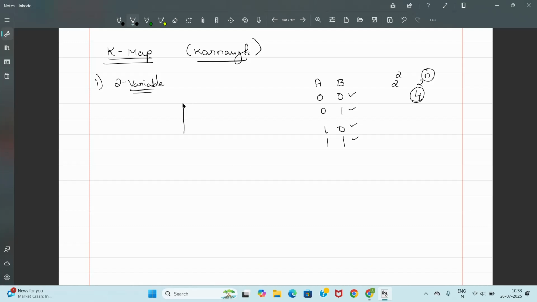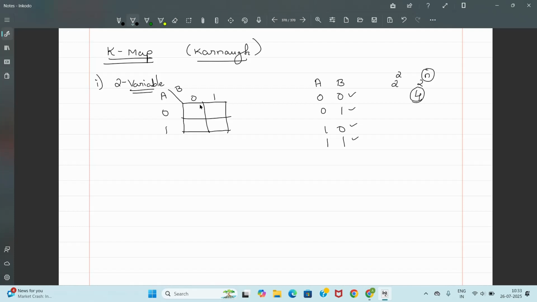Since I have two variables, one variable will be mapped to the row, A, and the other variable will be mapped to the column, B. So a K-map is like a matrix, with rows as well as columns. A can have two possible values, either 0 or 1. Similarly, B can be either 0 or 1.